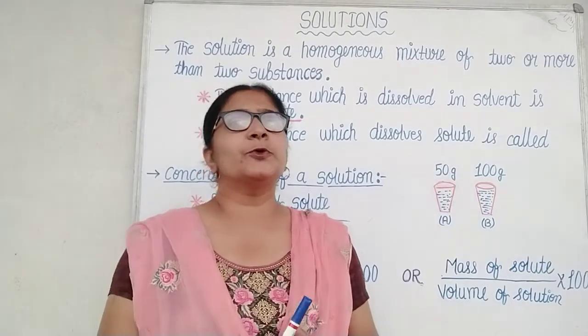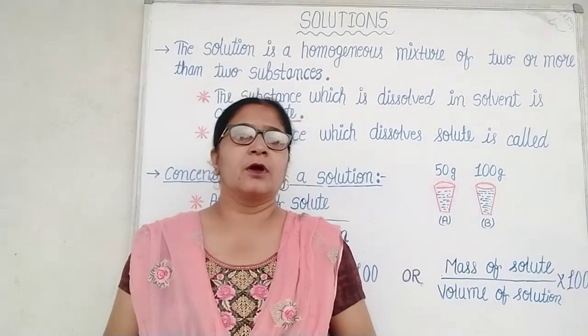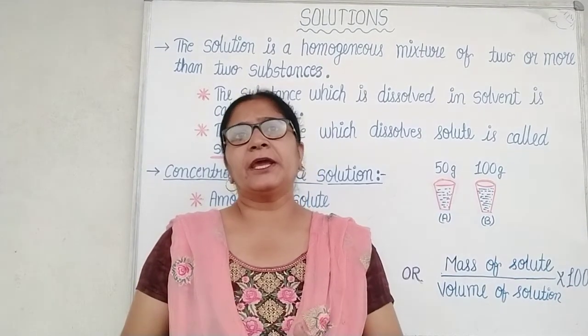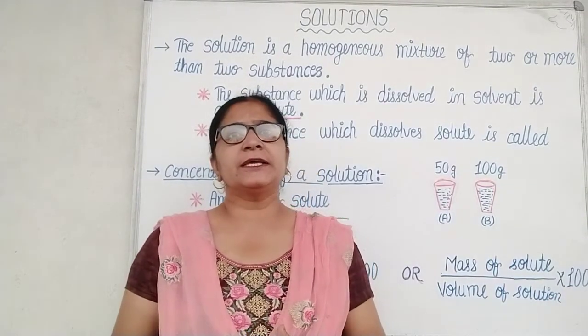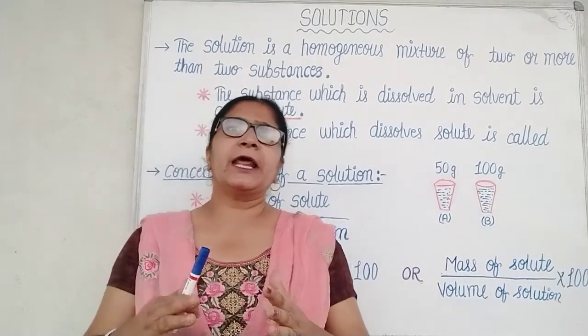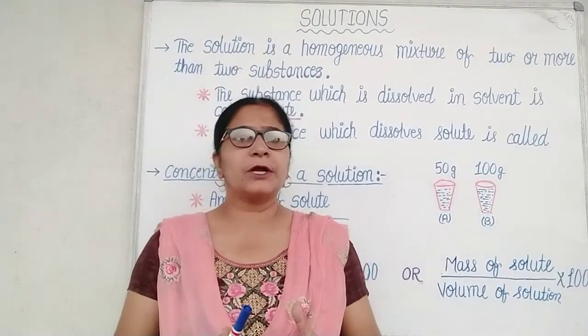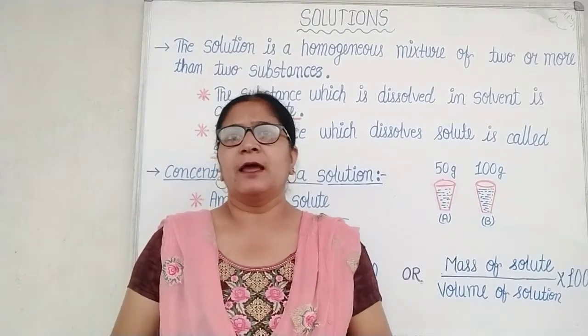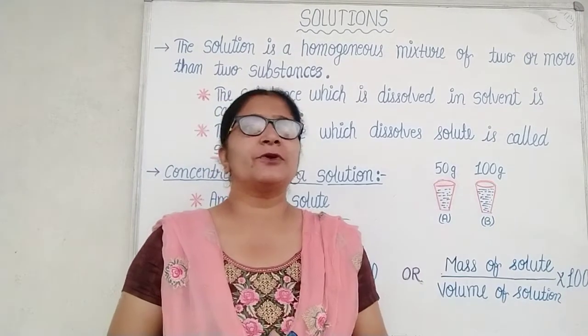Air is also a good example of a solution. Why? Because if you take air, the composition is the same everywhere. Also, you can have a solution in solid, liquid and gas form. It's not necessary that it should be liquid only.